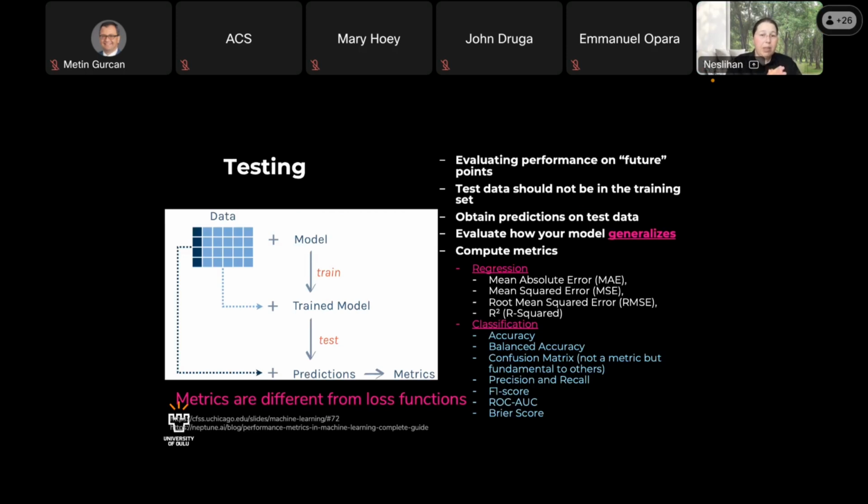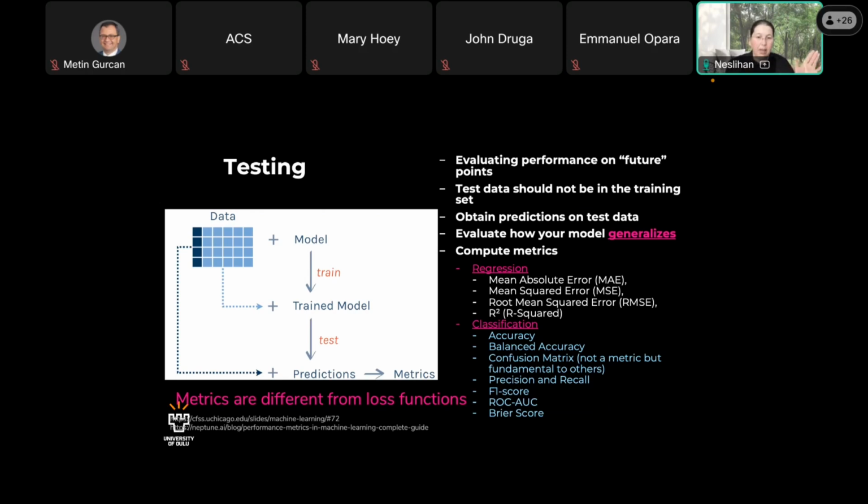Now it's time to test our model. Actually, before that, we need to tune the hyperparameters, and we use a validation set for this, but I will skip this too. Testing means that we are now checking how well our model performs on new data. So the test data shouldn't be in the training data. I'm emphasizing this. We want to see how well our model generalizes to new data.